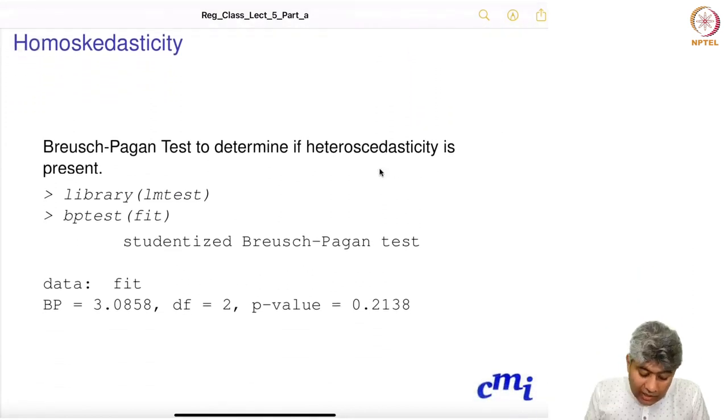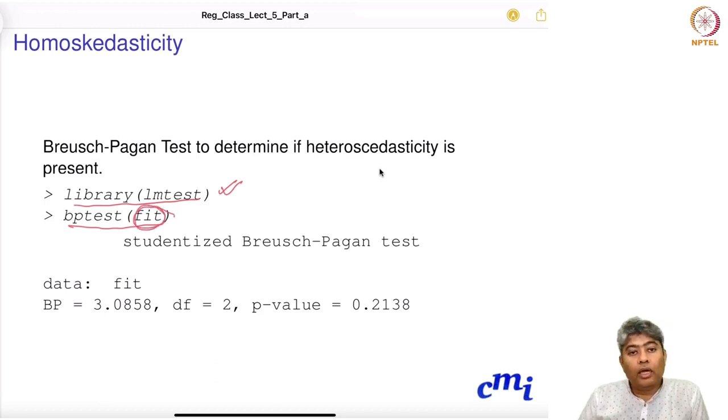Now, when we run the Breusch-Pagan test using lmtest in R to check whether heteroscedasticity is present, all we have done, in a two-line code, is call the library lmtest and run bptest, passing in the fit, and that gives you the Breusch-Pagan test.